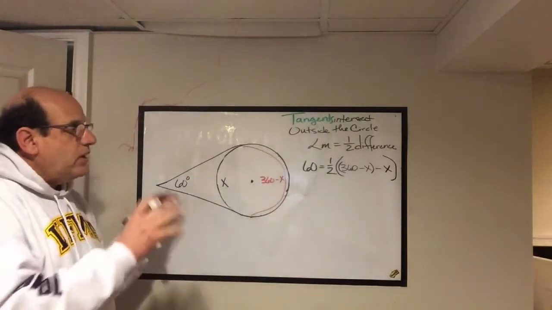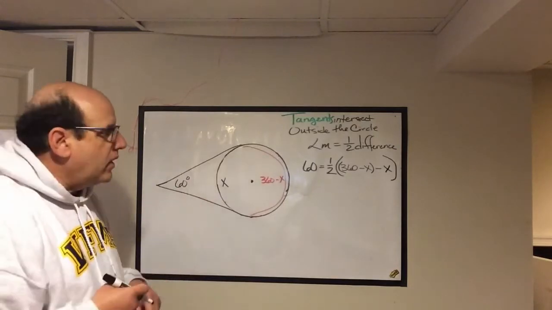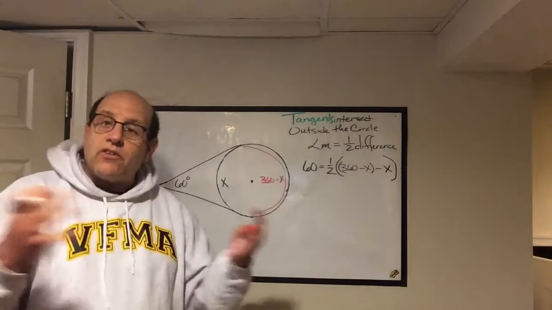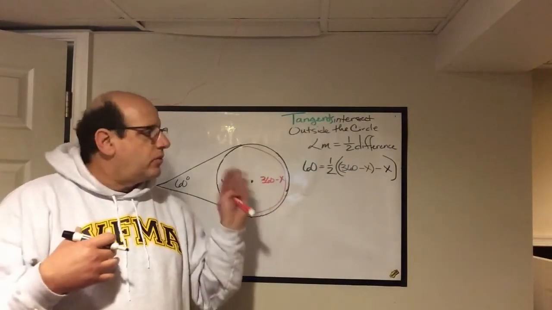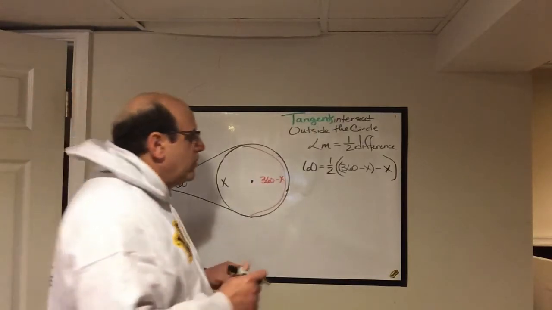And so we can do a little bit of solving. We can put some like terms together in here. So we're going to do that, and it's actually going to be quite helpful because we can finally get rid of that 1/2 by doing some distribution.